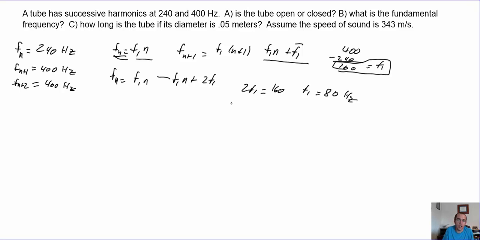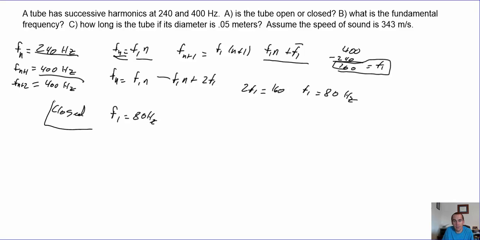Well, does that work? Sure, because 240 divided by 80 is 3, and 400 divided by 80 is 5. So I am getting my odd harmonics. So that totally works. The tube is closed, and I know that because I'm only getting the odd harmonics of 3 and 5, and the fundamental frequency, F1, is 80 hertz.